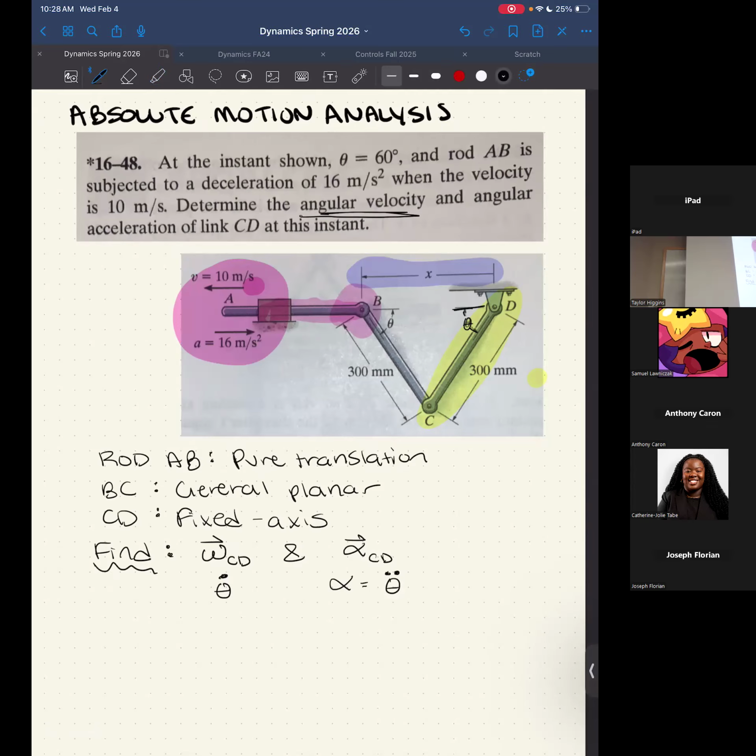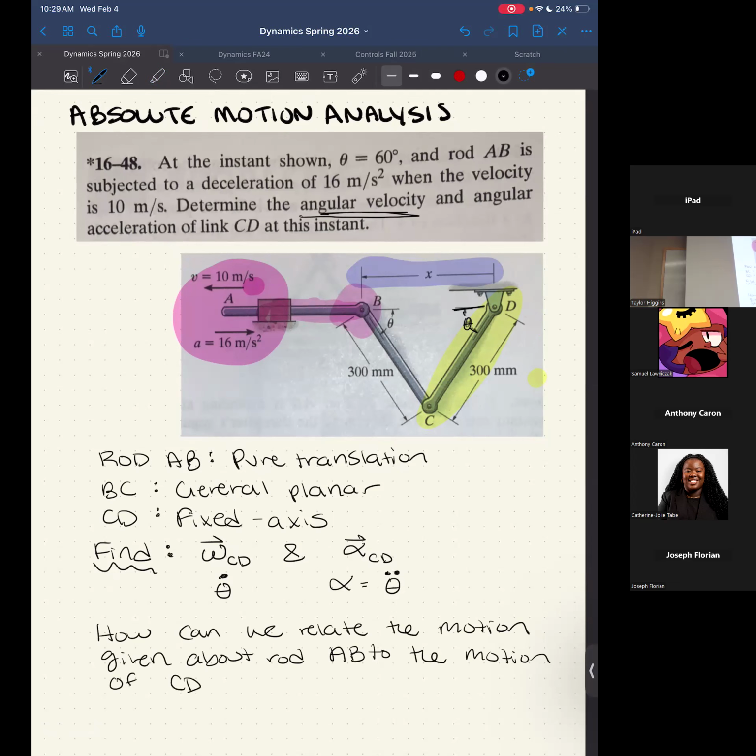So I'm going to write out in words: how can we relate the motion given about rod AB to the motion of CD? Well, if I write out an expression for X, I'm going to care about the velocity and the acceleration of point B, which I've been given in the problem statement, and I have to consider these thetas. So X is going to relate the two quantities I care about.